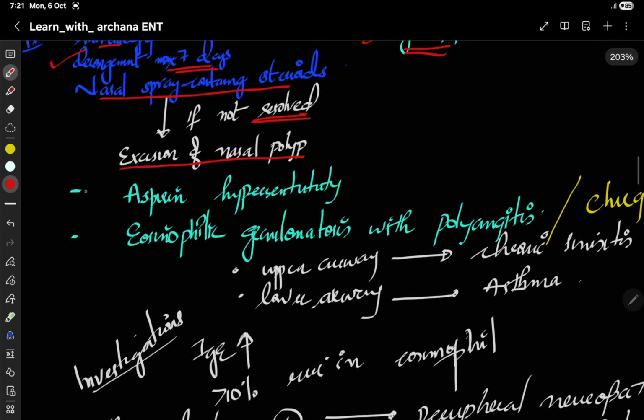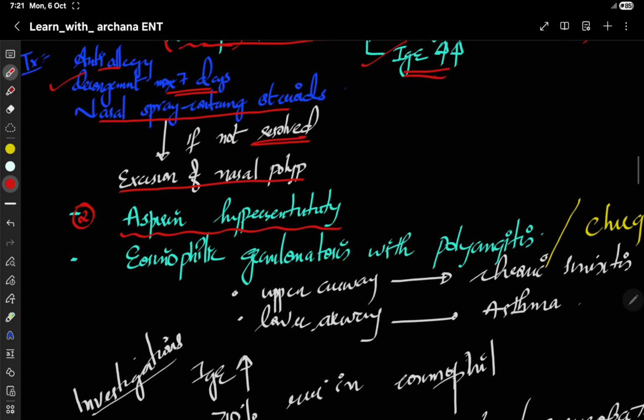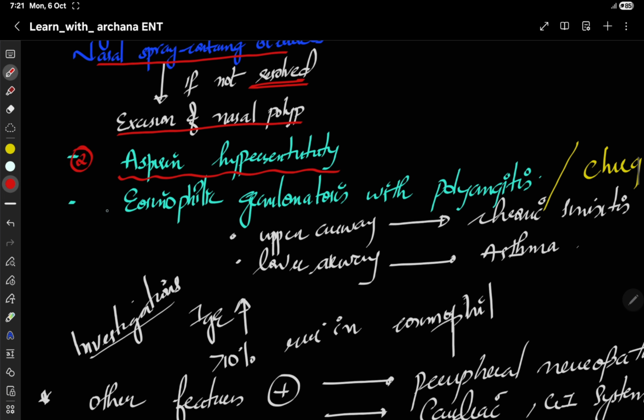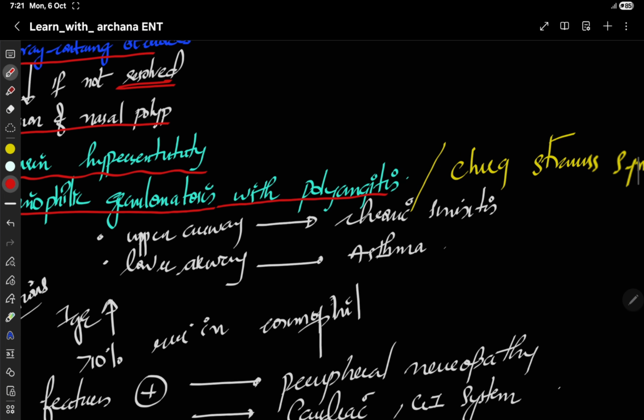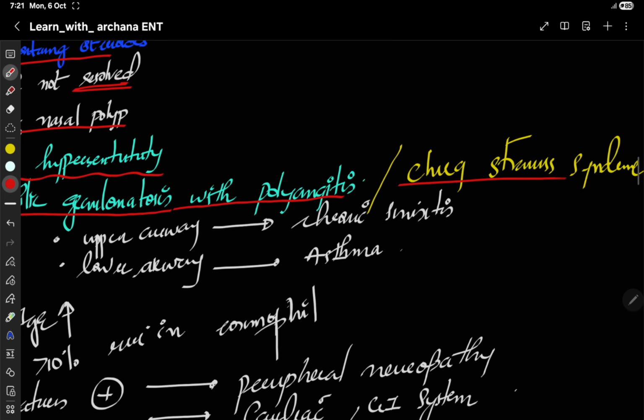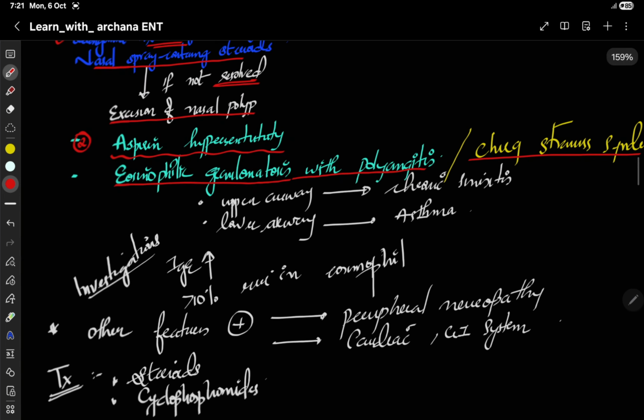Okay. Next, what is the second most common reason for bilateral nasal polyp in adults? It is aspirin hypersensitivity. Then another reason is eosinophilic granulomatosis with polyangiitis. Okay, it is otherwise known as Churg-Strauss syndrome.